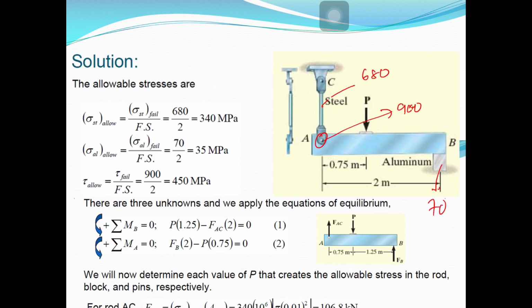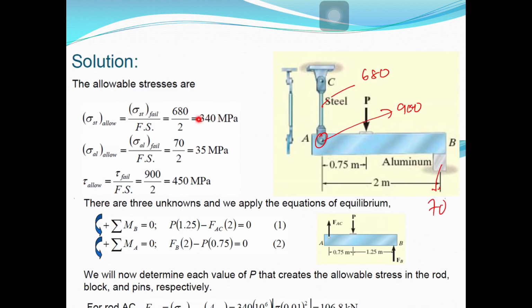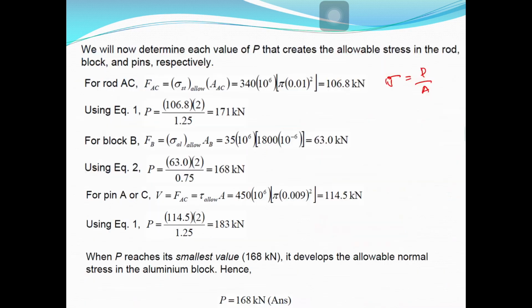So for rod, 680 divided by 2, you get this one, 340. So 340 megapascal is equal to P over A, where A is pi r squared. So you find P here.